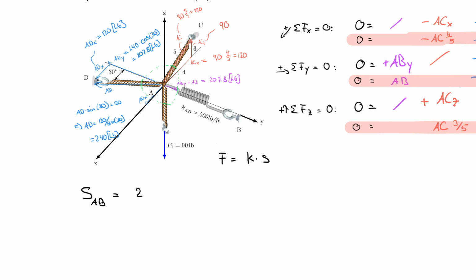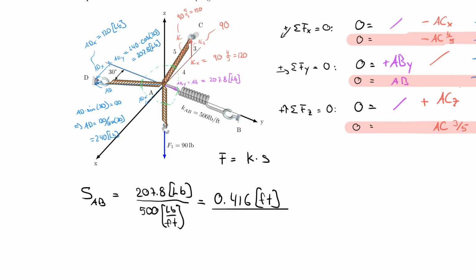It is 207.8 pounds divided by 500 pounds per foot. And so our answer to that is 0.4157, or 0.416 feet. And that is the result, so we double underline it.